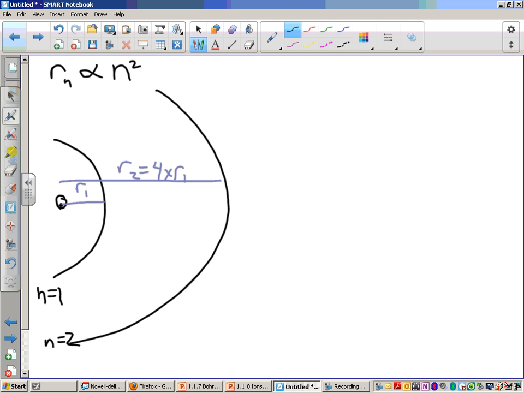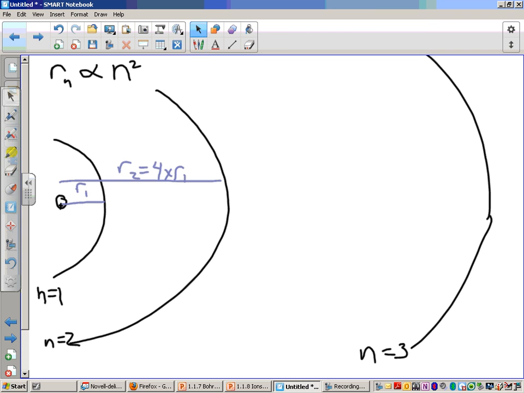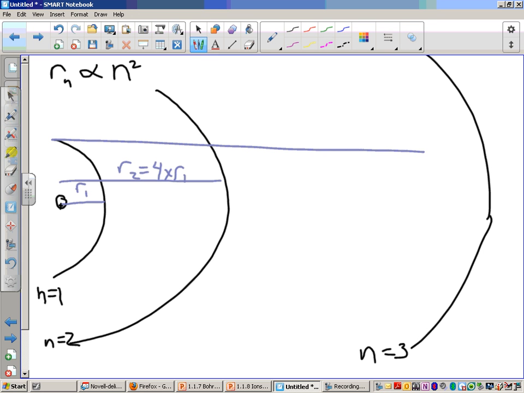So if I just estimate it, there's another 4. That's 8. I got to go 1 more. It puts me out here. There's the third orbit, n equals 3. The distance out to R3 is 9 times R1.